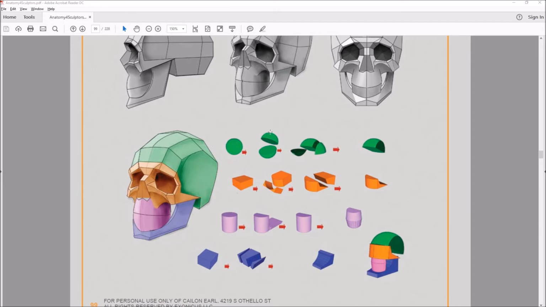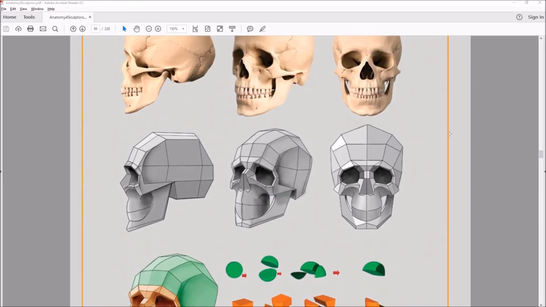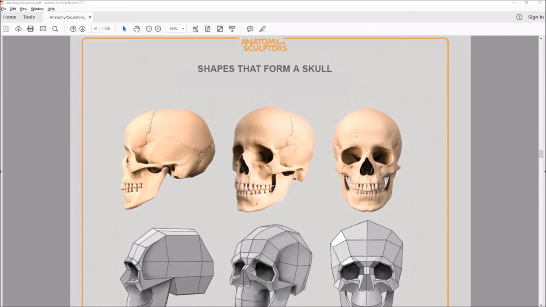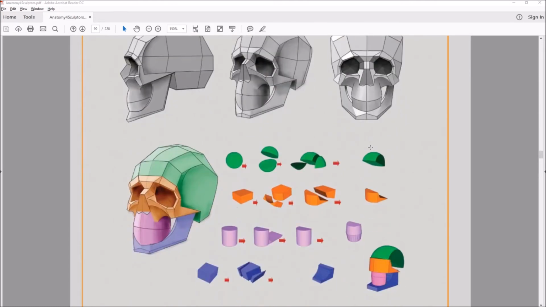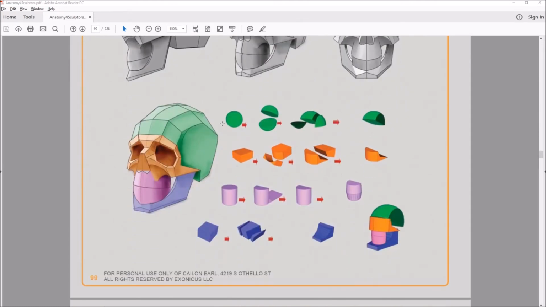Because there's a lot of reasons. One, you can see the planes and how they break down complex objects into simple shapes. So there's just the cranium for your skull, your zygomatic area, your brow, and your cheekbone, your teeth, and then your jaw, and you put it together, and you get this over here.